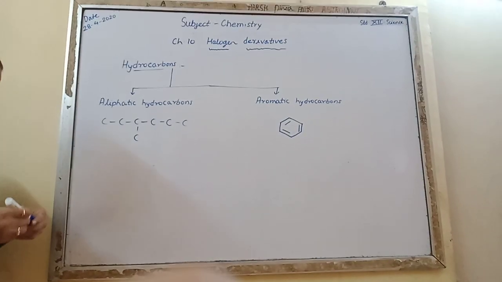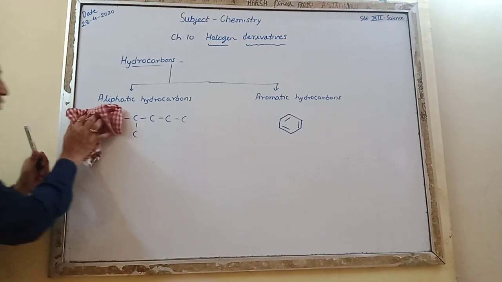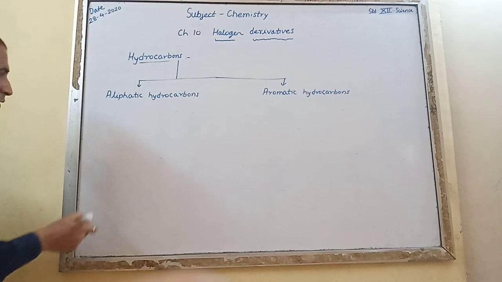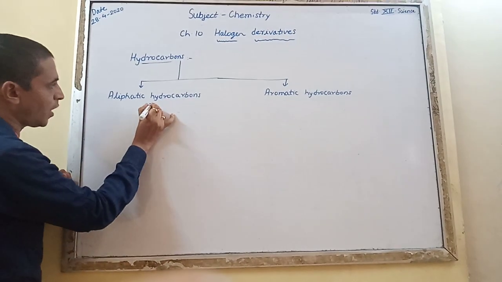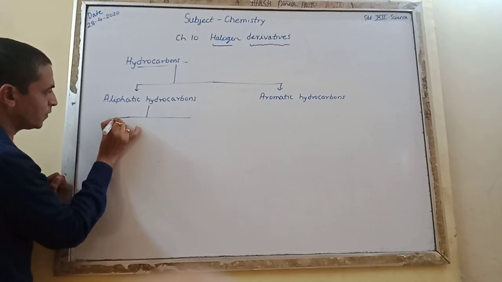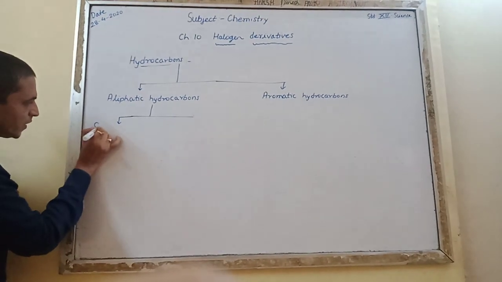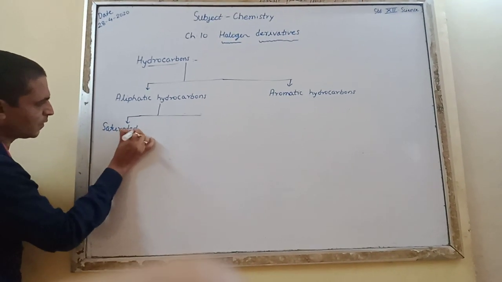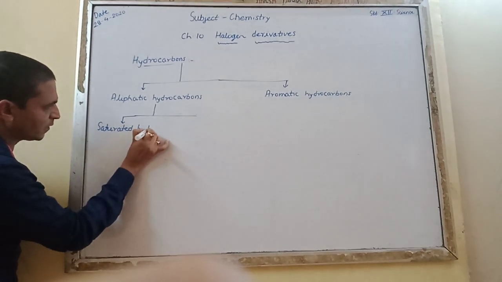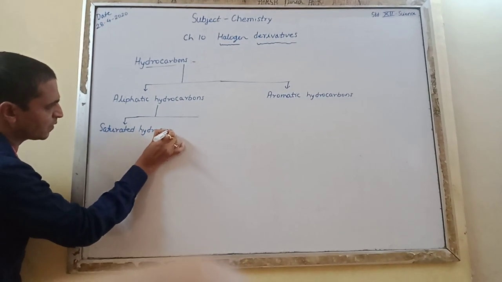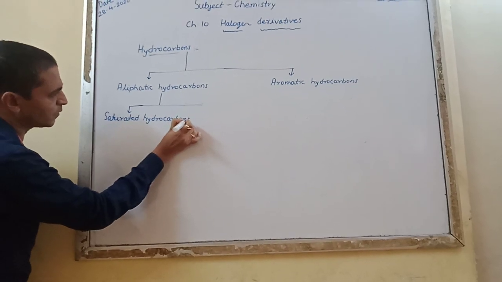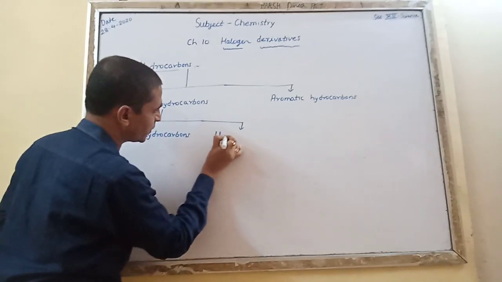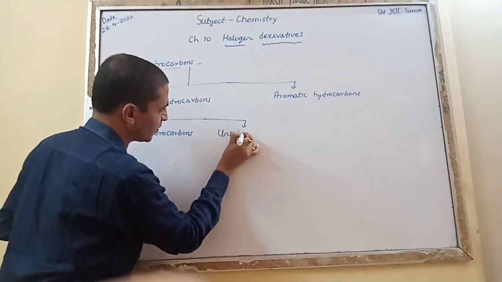So now we will proceed towards aliphatic hydrocarbons. Aliphatic hydrocarbons are again of two types. First one is what? Saturated hydrocarbon. And other one is what? Unsaturated hydrocarbons.